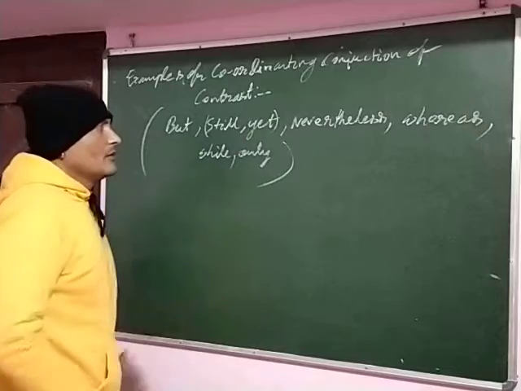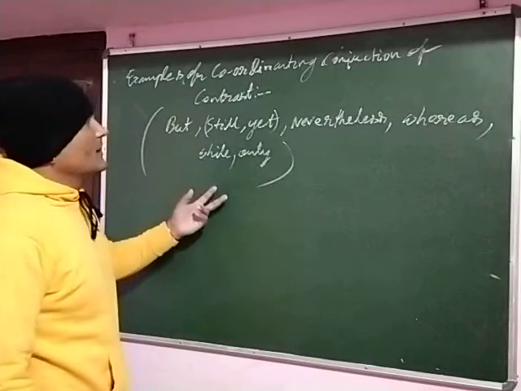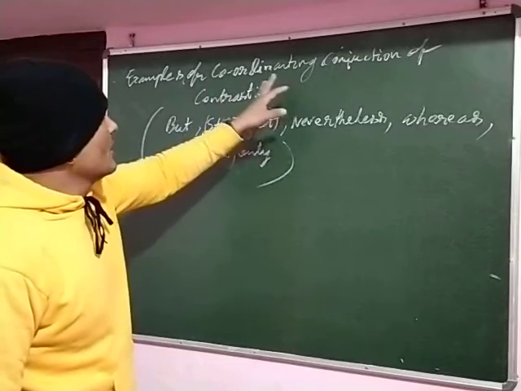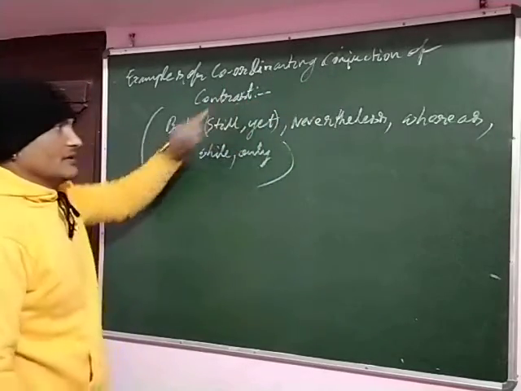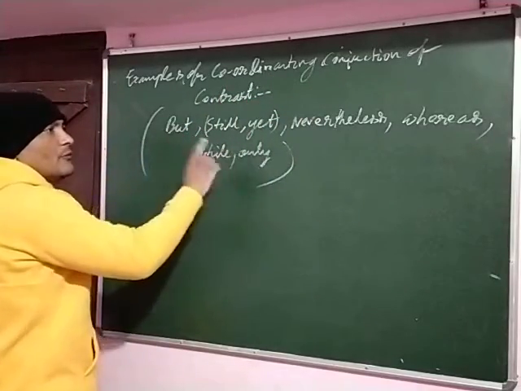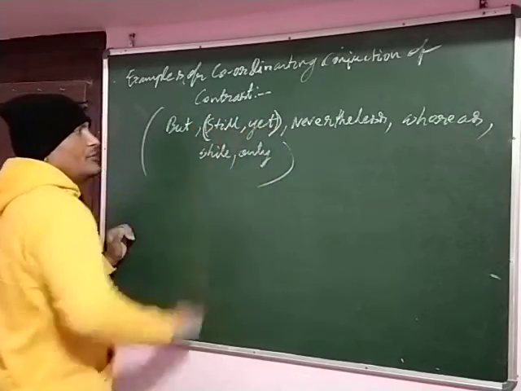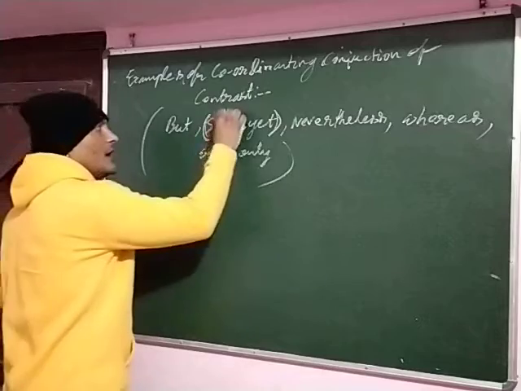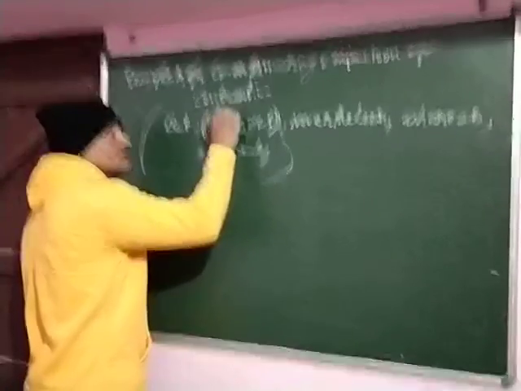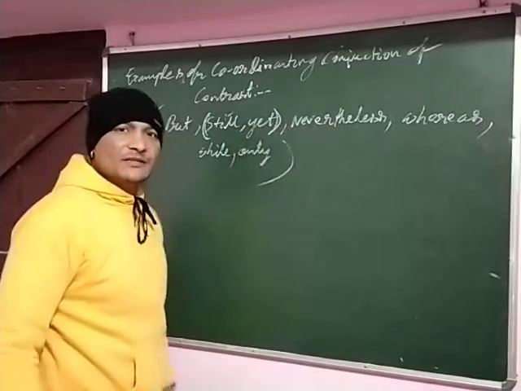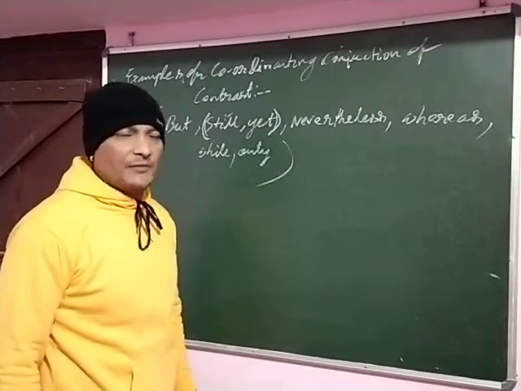These are the words we use in contrast. Why did I put some in brackets? Because if you use either still or yet, both have the same meaning in a contrast statement.